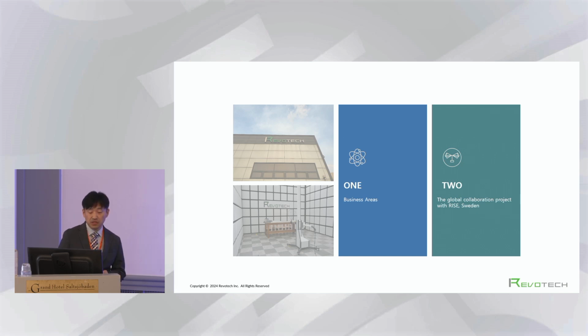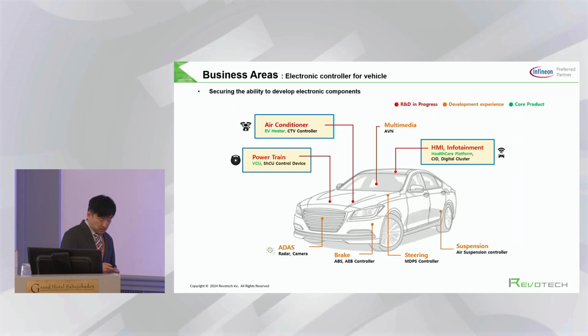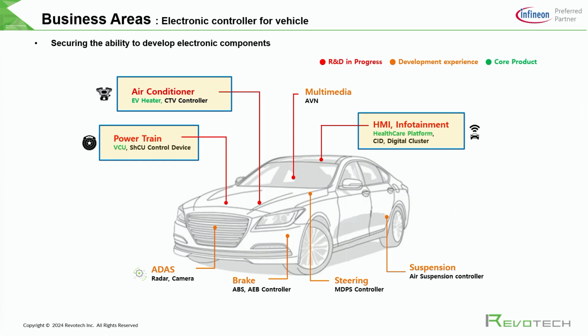Next, I will introduce my company's business areas and talk about our global collaboration project. Our company specializes in developing controller for electronic vehicle and is recognized as an open design house. We have a rich history of working on diverse projects, including air conditioner and human-machine interface system.